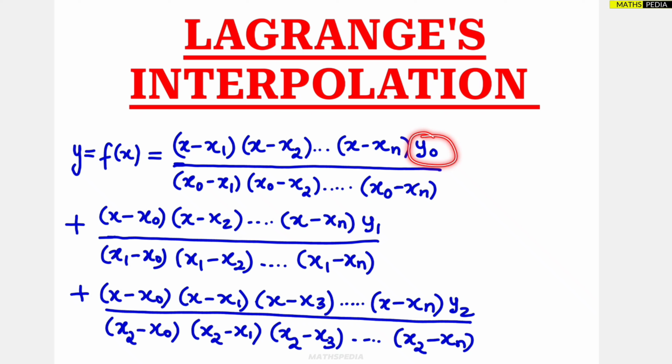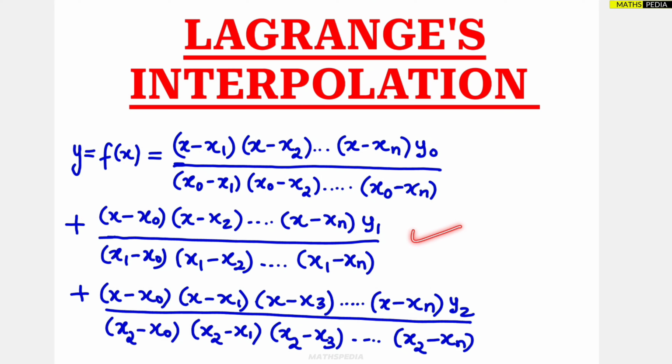That's why I said when you're using y naught, x naught is missing. Where has that x naught gone? It has gone to the denominator directly. So the denominator and numerator, if you observe, have the same pattern. x minus x1 is there, x naught minus x1 is there, x minus x2 is there, x naught minus x2 is there. That means in place of x, I am going to substitute x naught in the denominator. That is the only change.